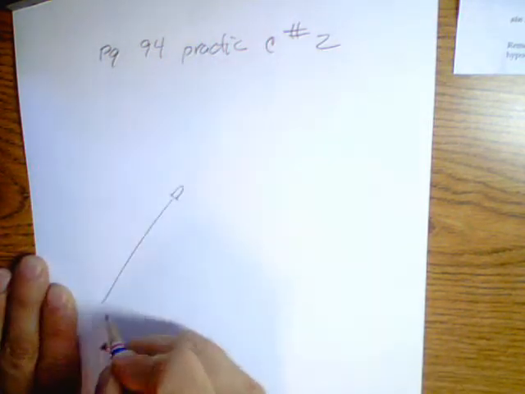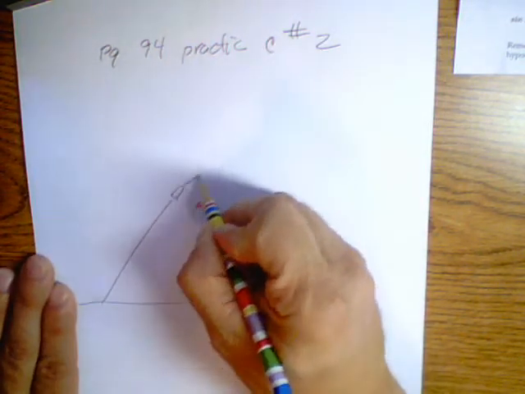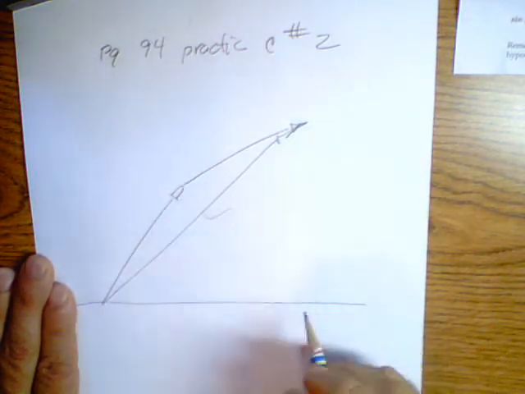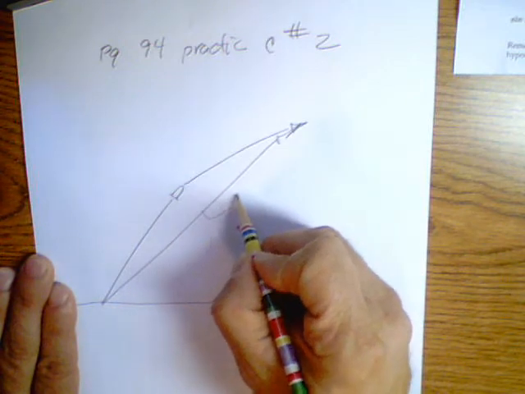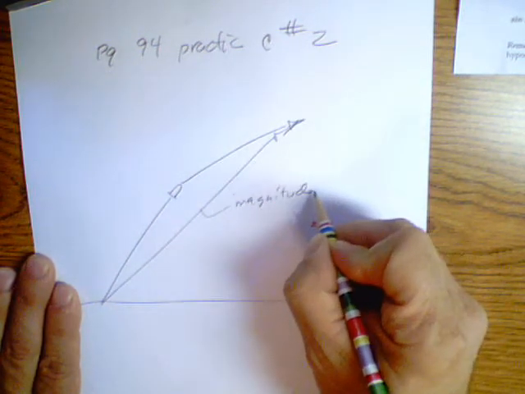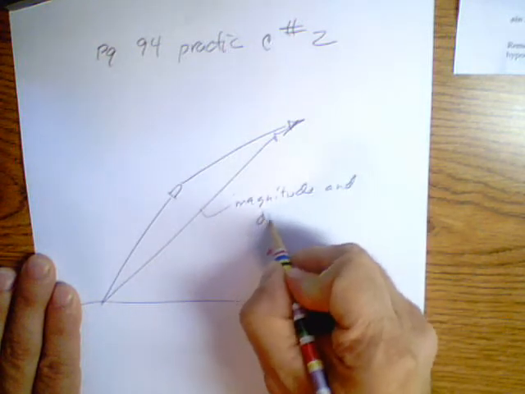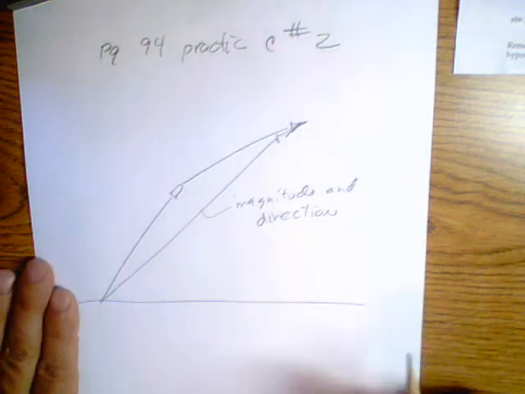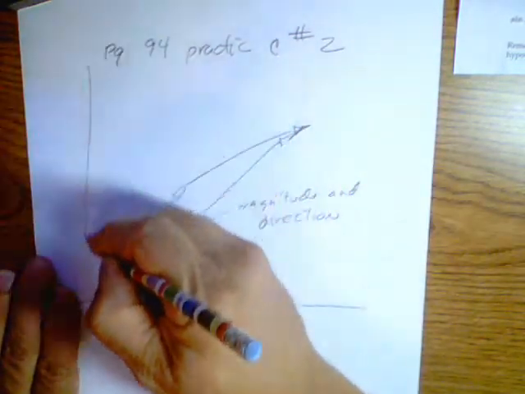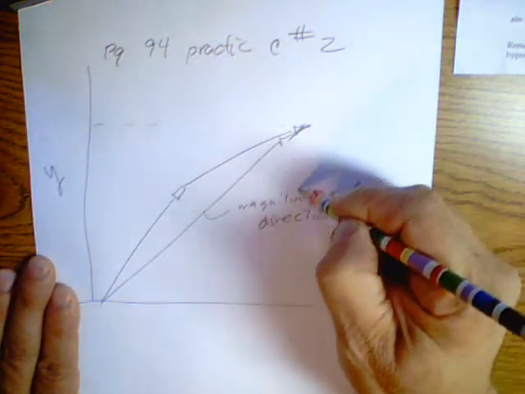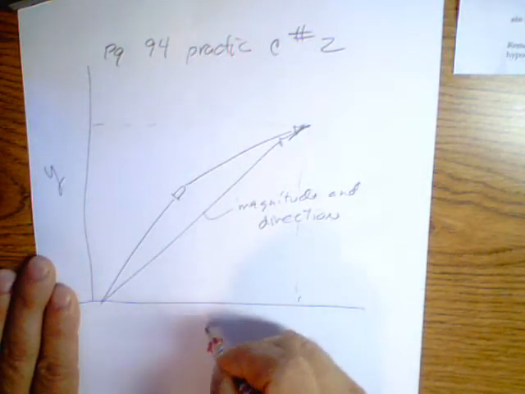What you want to find is the magnitude and direction of this. That's basically what we did just now. So you would do the same thing we did. You would resolve this to y. You would resolve this to x.